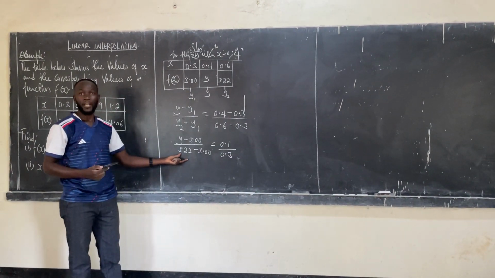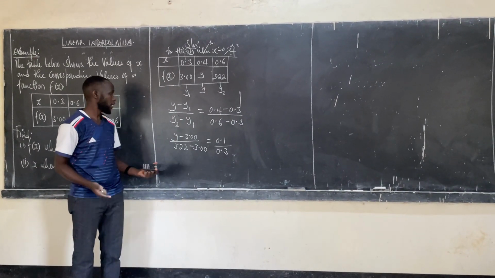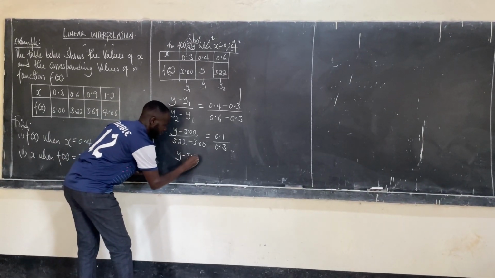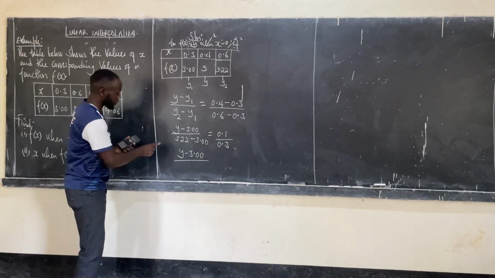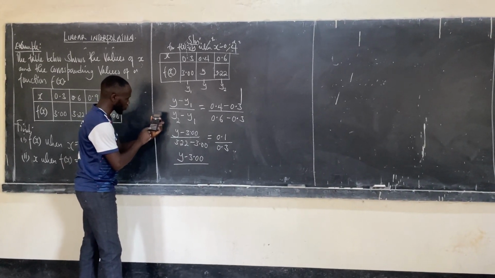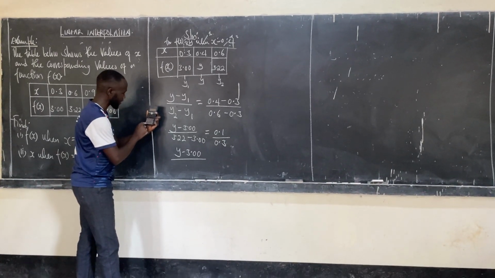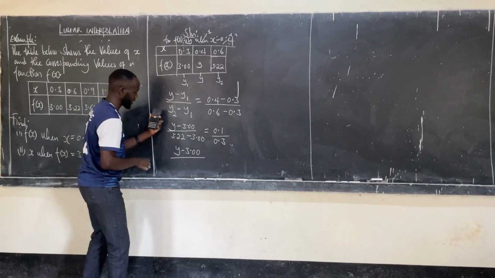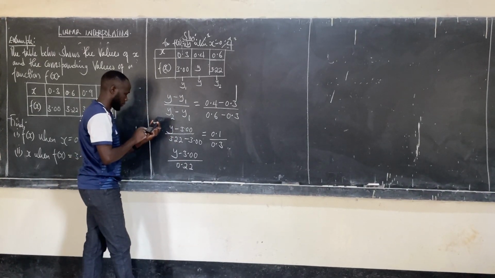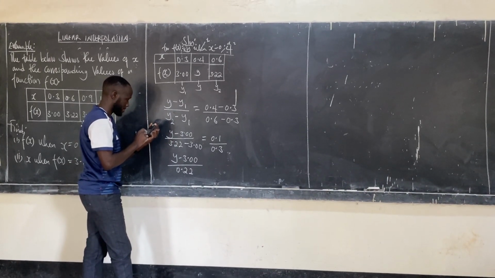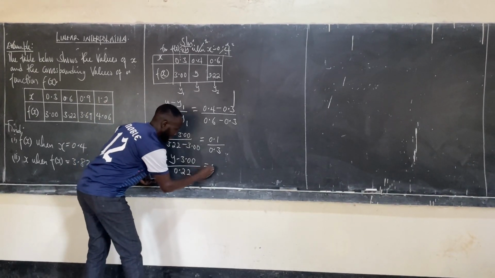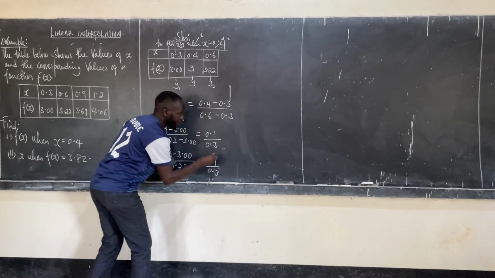When you get to this, you can either use a calculator and get the answer straight away, or do the needful. So we shall have y minus 3.00 divided by 3.22 minus 3.00, and 3.22 minus 3.00 gives you 0.22. So this will be the same as 0.1 divided by 0.3.